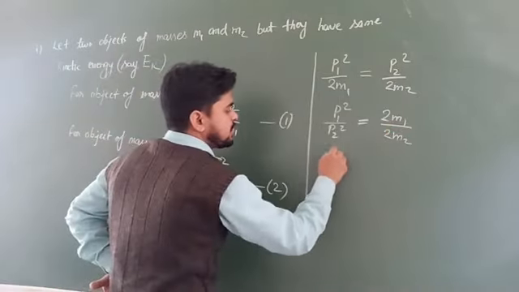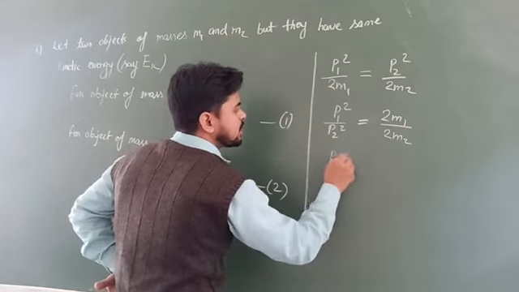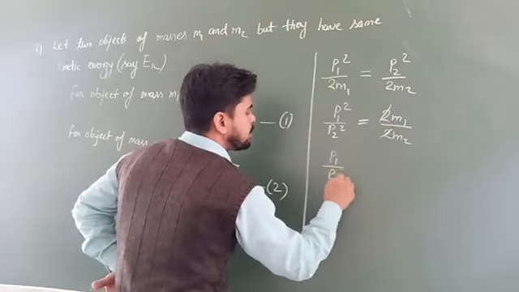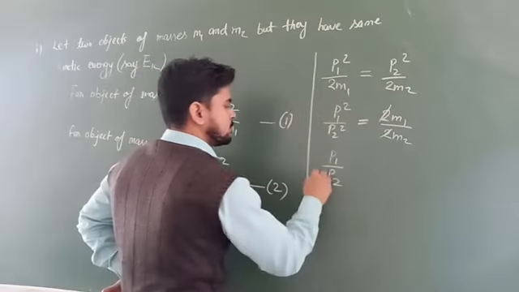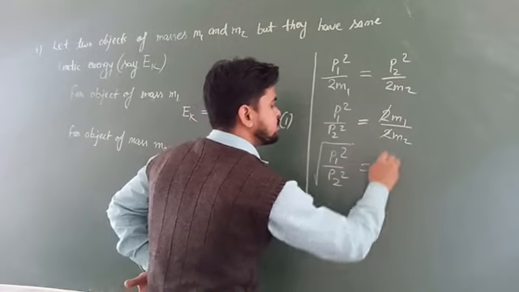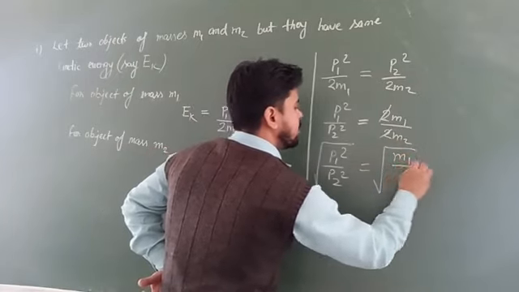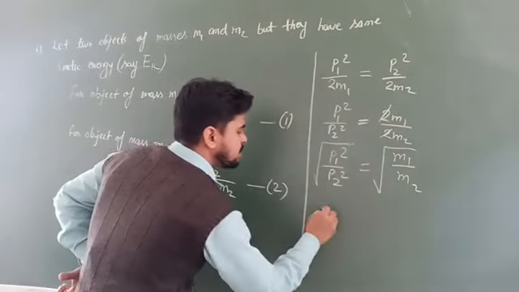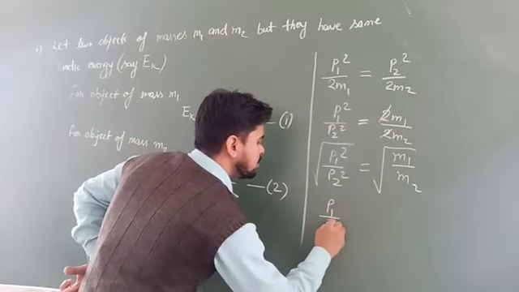Now from here, if we take the square root, then 2 and 2 cancel out. So p1 divided by p2 equals the square root of m1 by m2.